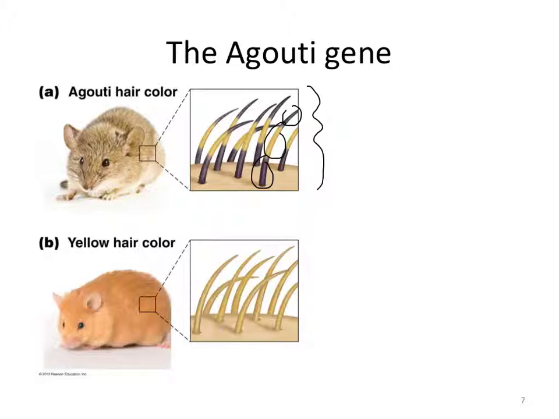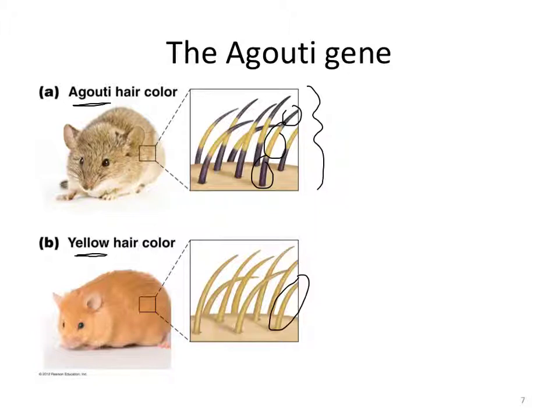The Agouti phenotype is the normal or wild type phenotype, and when you have a particular type of mutant in the Agouti gene, it has been observed as having uniform yellow hair color, so there's no banding pattern in these hair shafts shown here.